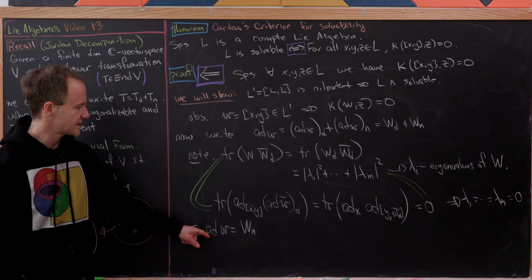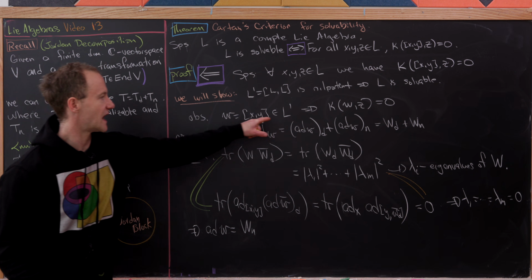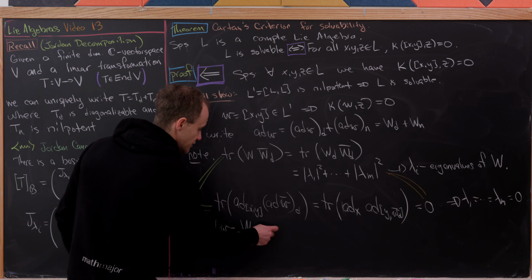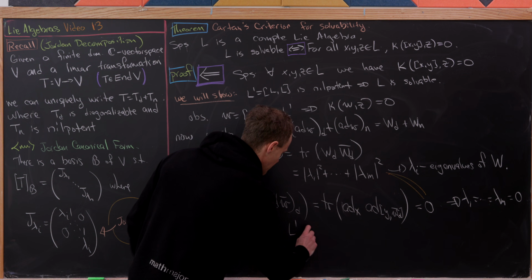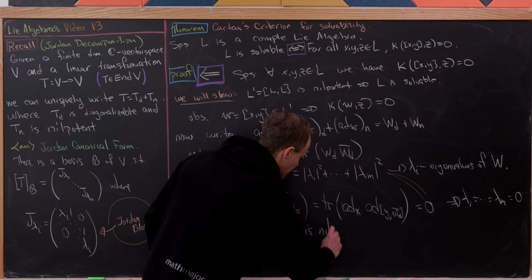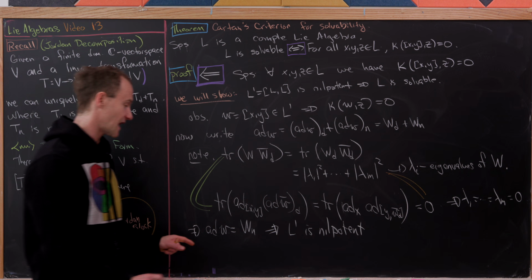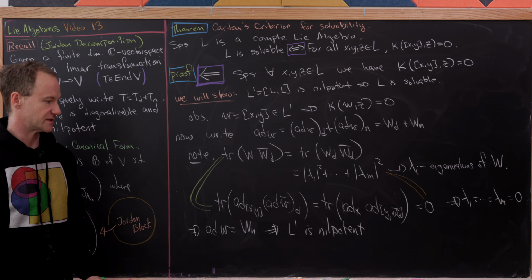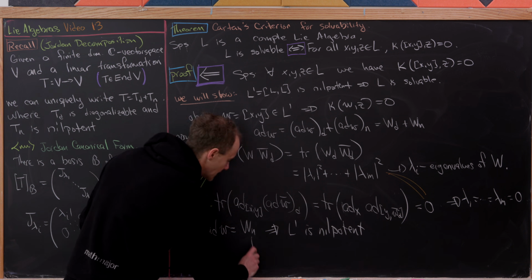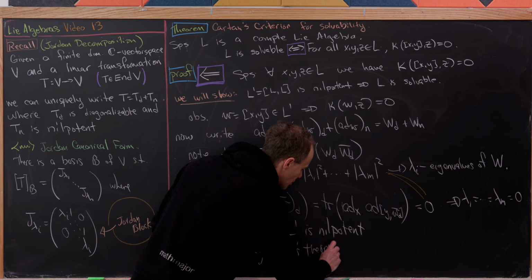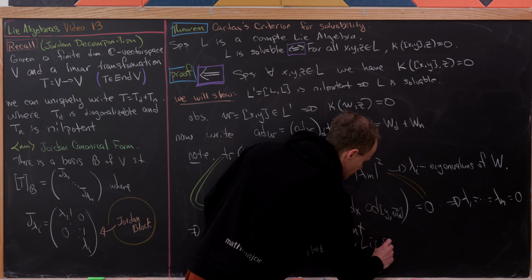But then let's look at this. w came from inside of L'. So that means that L' is nilpotent, because we showed that an arbitrary object inside of L' was nilpotent, so that makes the whole thing nilpotent. But then by Engel's theorem, which we proved much earlier, that implies that L is solvable.